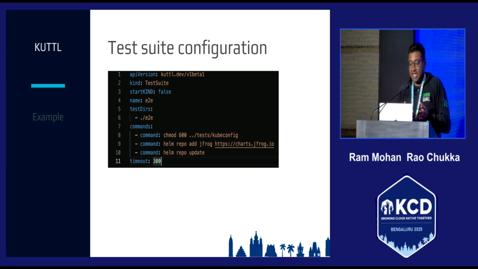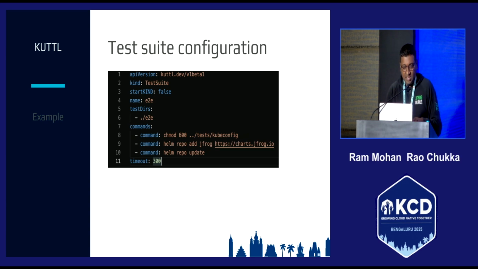And if you set kind to true, which in my demo would be set to true, it runs locally, okay? Kuttl depends on kind as a local Kubernetes cluster. You can use Minikube as well, but Kuttl has kind built in as a local Kubernetes cluster.